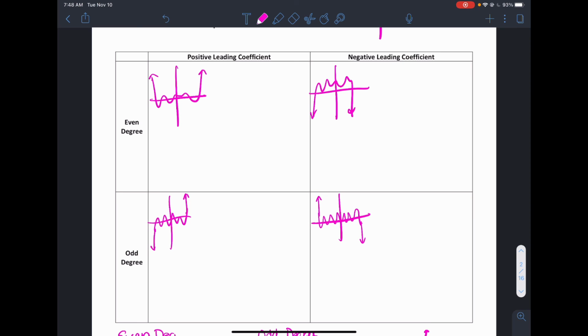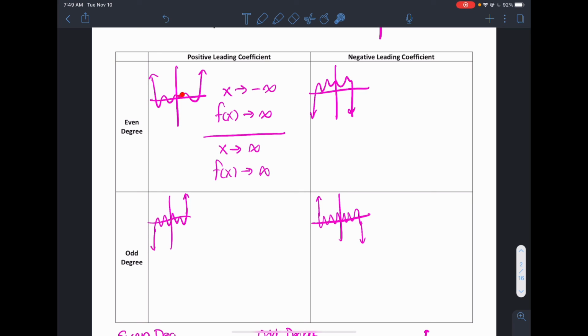So if I'm looking to write the end behavior of any of these four graphs, it doesn't matter what the graph actually looks like. We only need to know the degree and the leading coefficient. As x approaches negative infinity here, as I go left on the graph, I end up going up, so f of x approaches positive infinity. And as x approaches positive infinity, f of x approaches positive infinity as well.